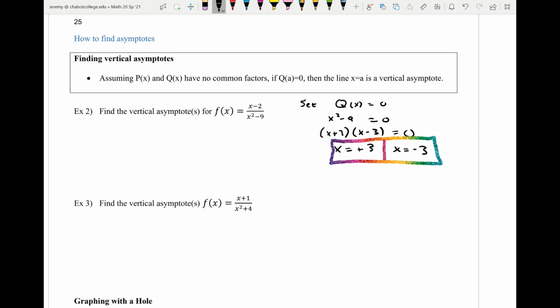All right, so what this means is, I'm not going to go through the trouble of graphing this whole thing. But when I do go to graph this, I'm going to have these vertical lines here at x equals negative 3, and x equals positive 3. And I'm going to have some behavior here.